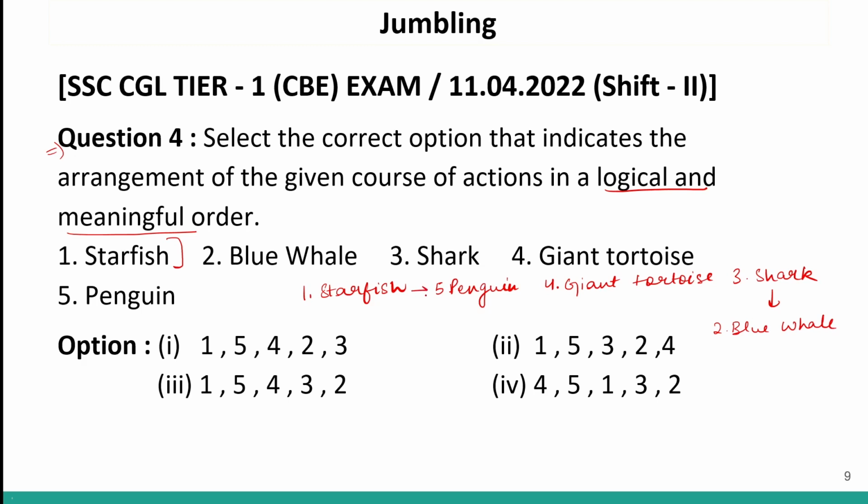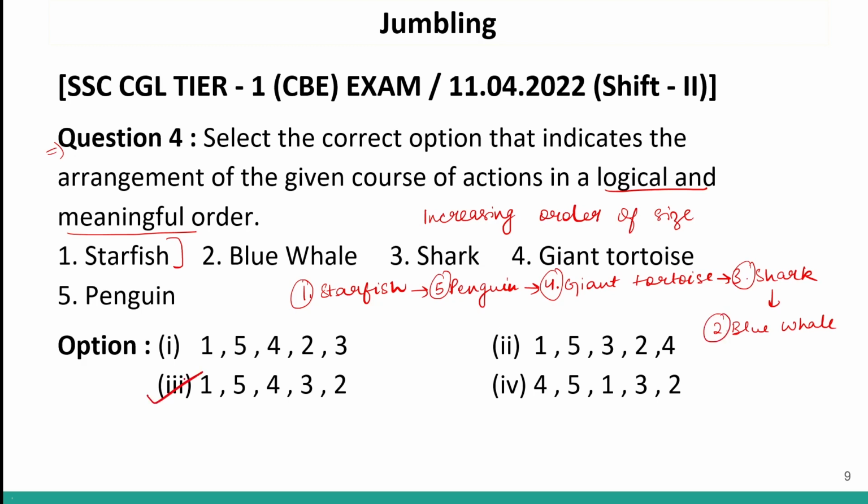So if I arrange them as per size, in increasing order of size, my logical sequence will be 1, then 5, then 4, then 3, and then 2, which is given in option number 3.